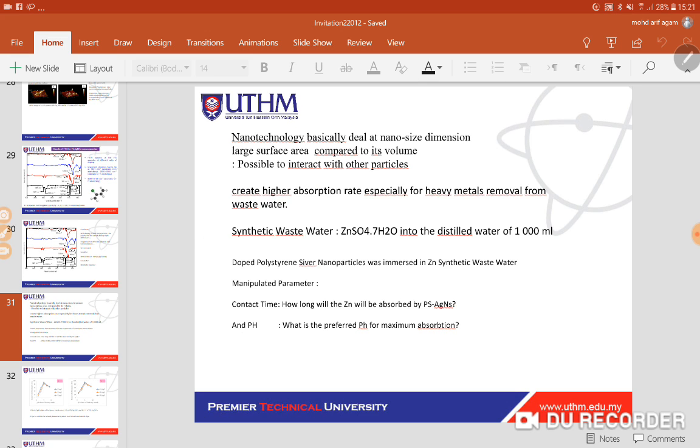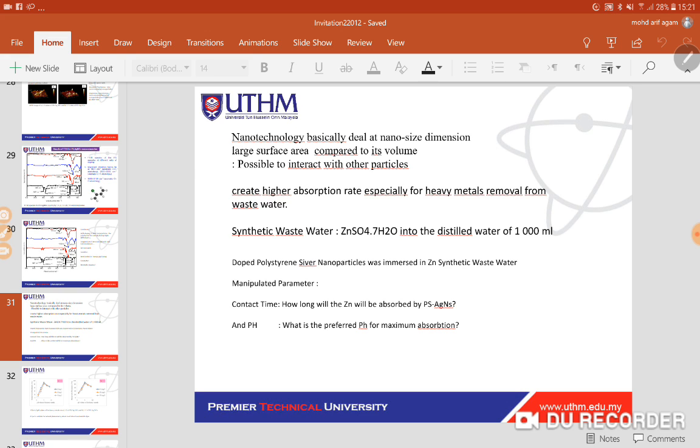We would like to investigate the possible interactions with other particles, especially silver with polystyrene, titanium with polystyrene, and some other metal nanoparticles doped into the polystyrene.